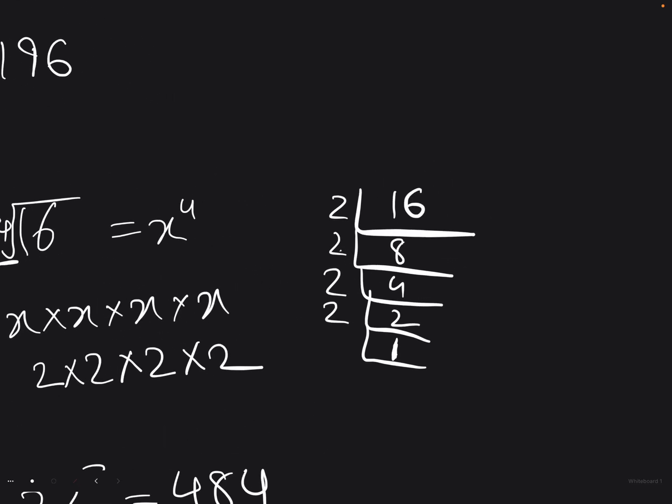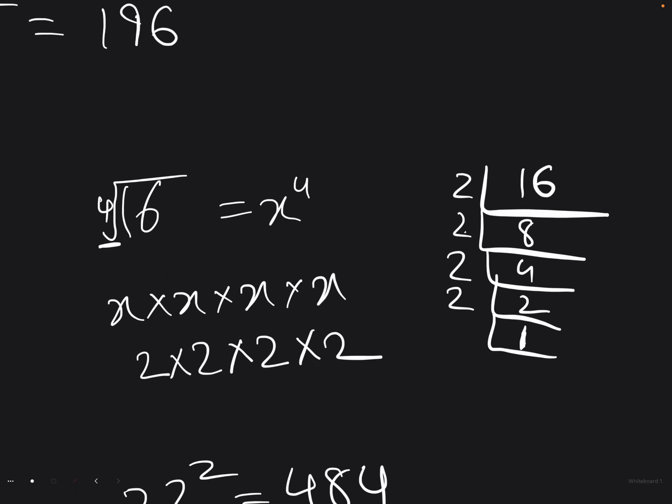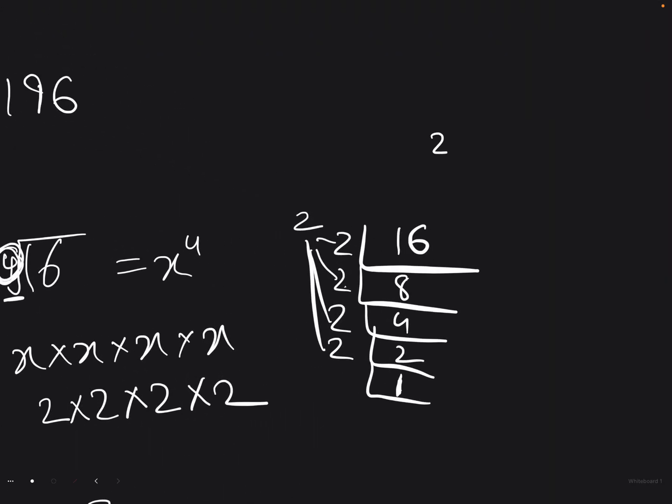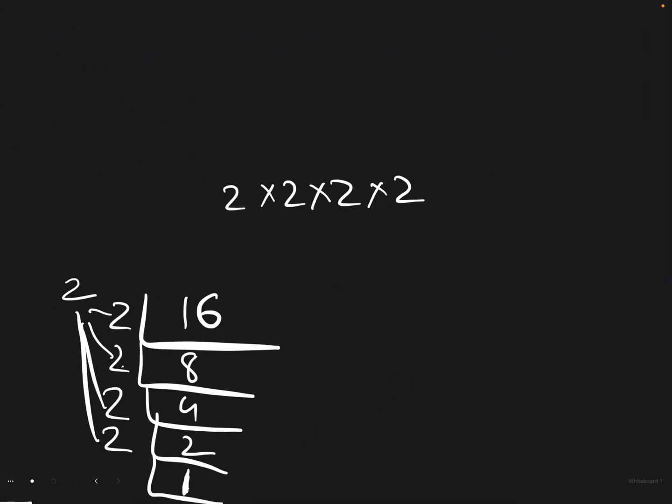Now we make groups of 4 because there's a 4th root here. So we get 1, 2, 3, 4. So there's a group of four 2s. So we know that when 2 times 2 times 2 times 2, the answer is going to be 16. Therefore, 2 raised to 4 is equal to 16, and the 4th root of 16 is equal to 2.